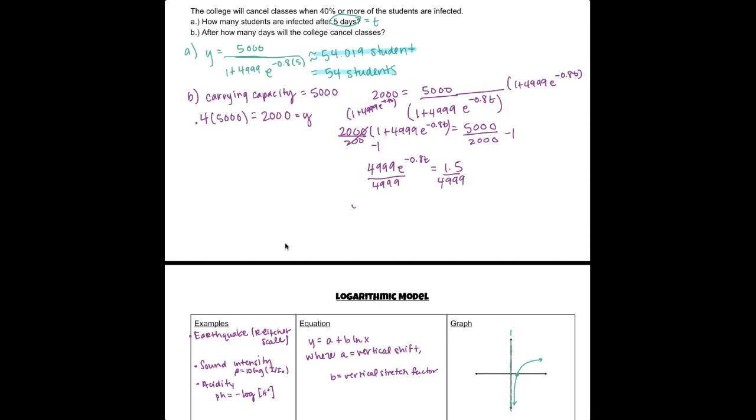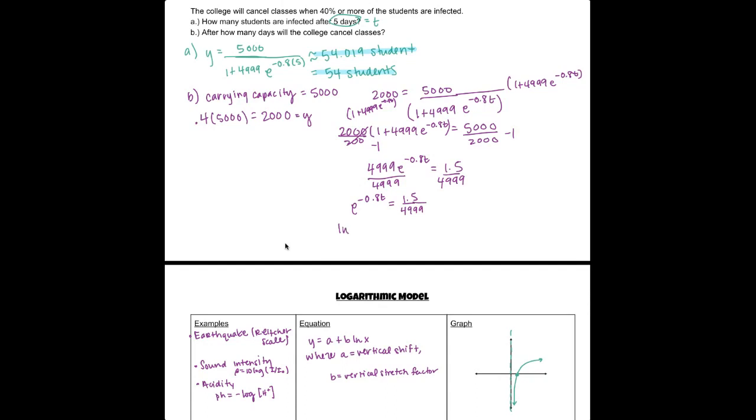I'm going to leave this as 1.5 over 4,999. And then, how do we get the exponent out? Well, we're going to take the ln.